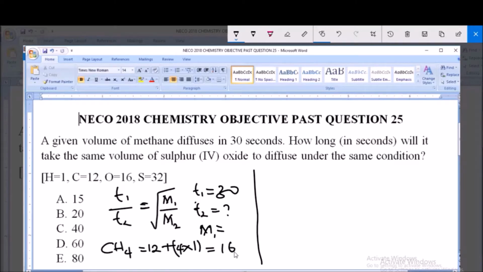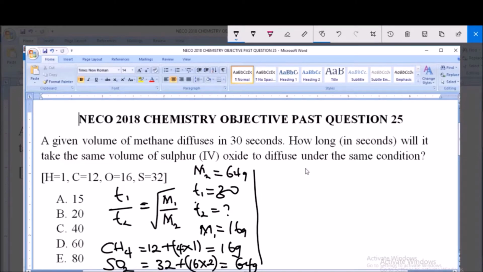So the molecular mass of methane is 16 grams. Then that of sulfur oxide is SO2, and this is equal to 32 plus 16 times 2, and this will give us 64 grams. So M2, which is the molecular mass of the sulfur IV oxide, is equal to 64 grams.